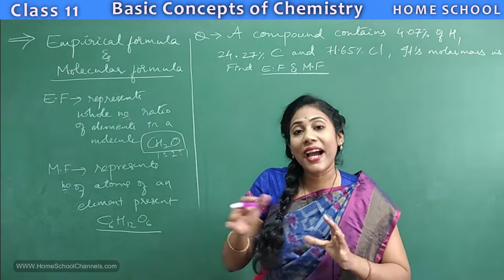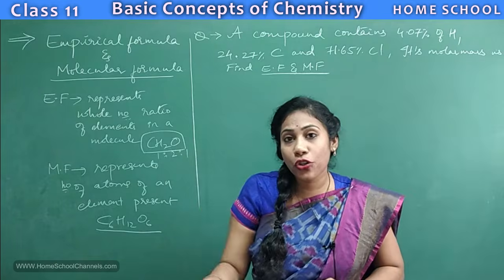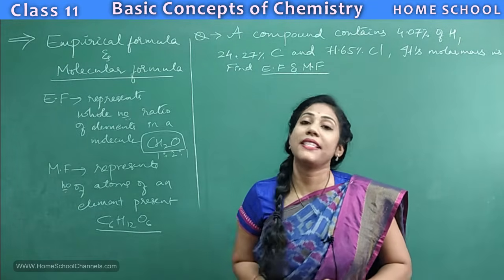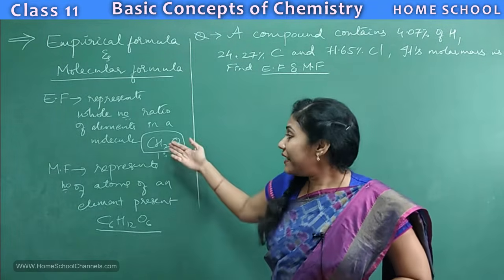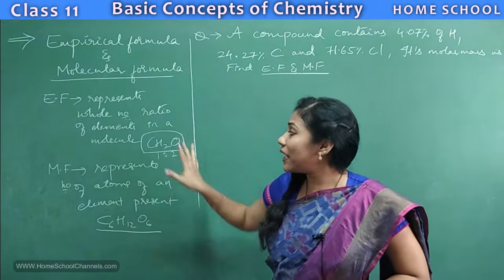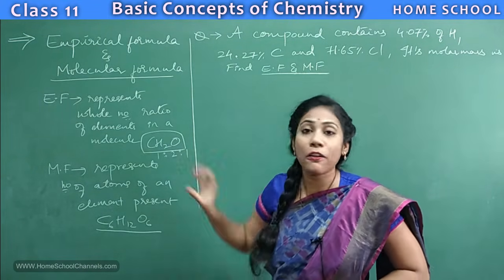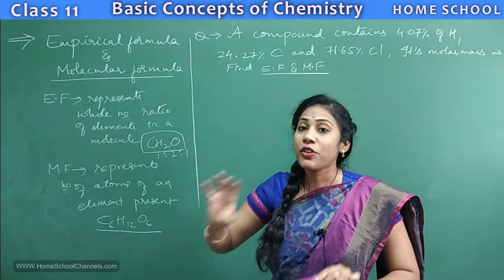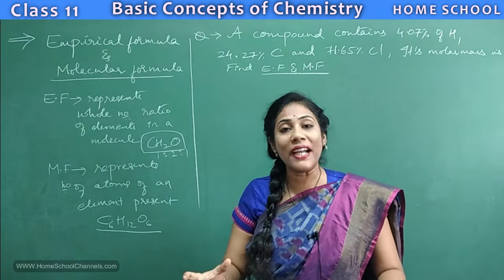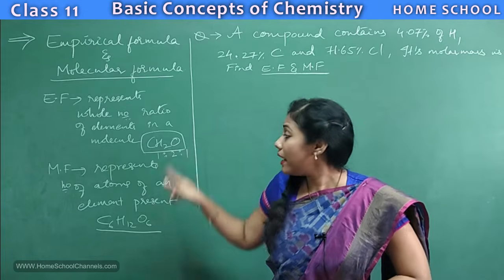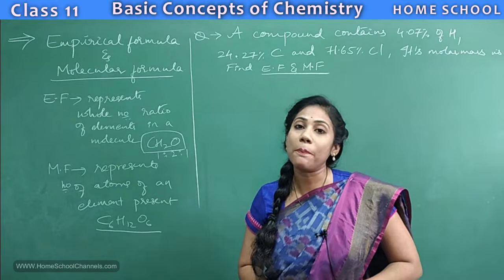You can just identify in what ratio these elements are present in a molecule. You can't identify how many carbon atoms or hydrogen atoms there are, right? So that exact number of atoms you can't find out by looking at the empirical formula.